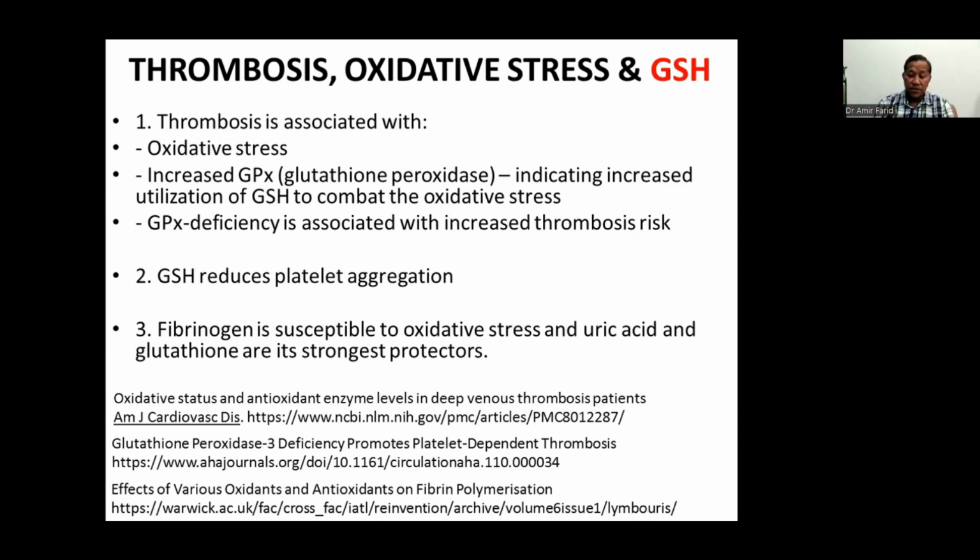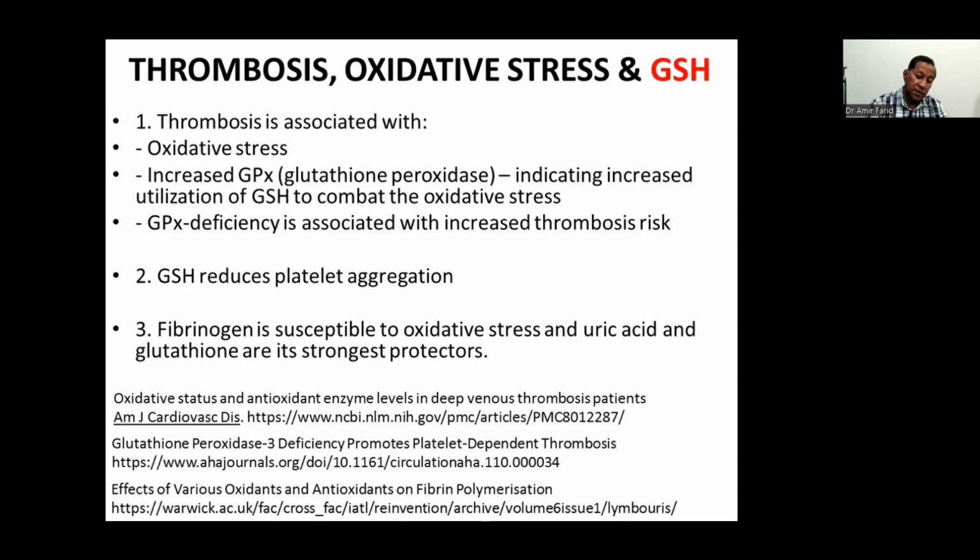fibrinogen is a factor in thrombosis, and a factor in clot formation. Fibrinogen itself is susceptible to oxidative stress, just as some other clotting factors too are. And studies show that uric acid and glutathione are its strongest protectors, right?